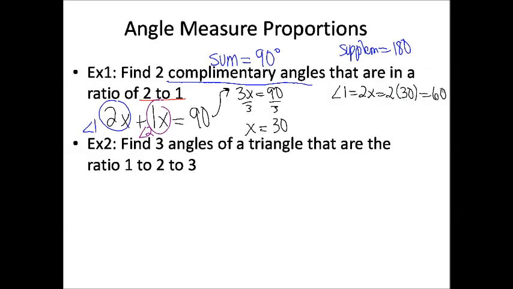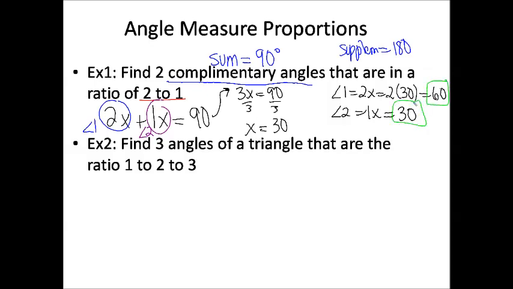And angle 2 was 1x, which is just 30. So take whatever you had here, plug your answer in, and that tells you your two angles. And so my actual answer is 60 and 30.